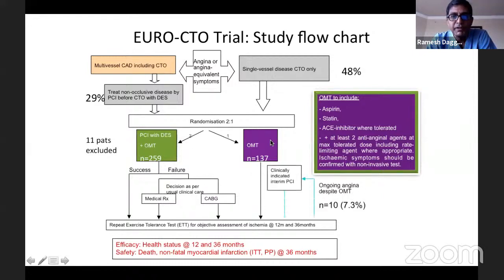And in optimal medical therapy, if they fail, they undergo PCI, and that number was 7.3%. Whereas in DECISION-CTO, the crossover was actually up to 20%. Optimal medical therapy included aspirin, statin, ACE inhibitors, and at least 2 anti-anginal medications.